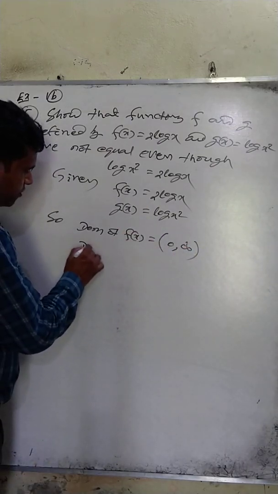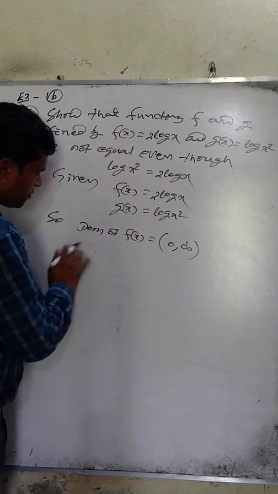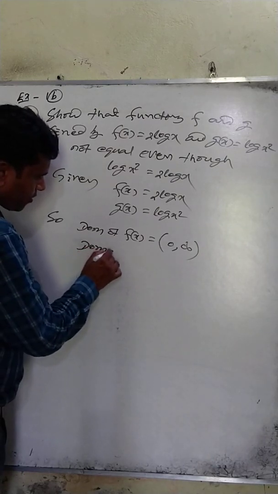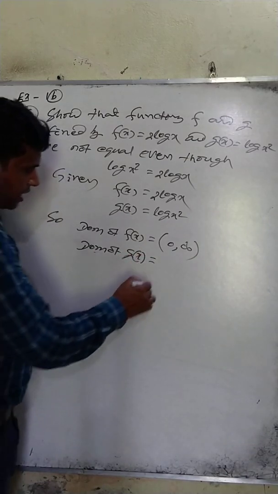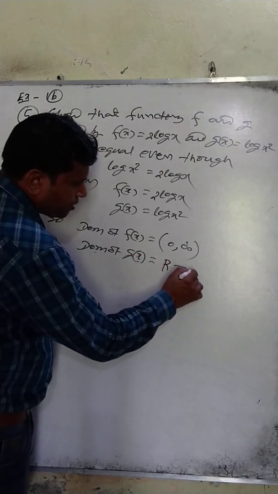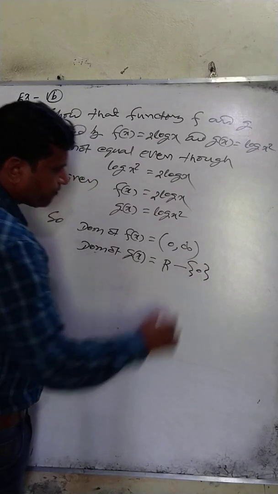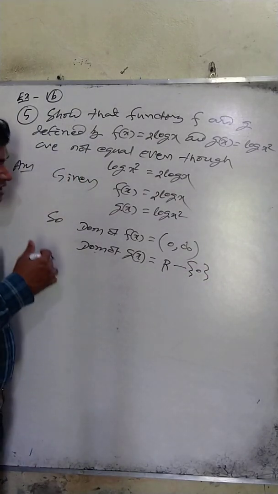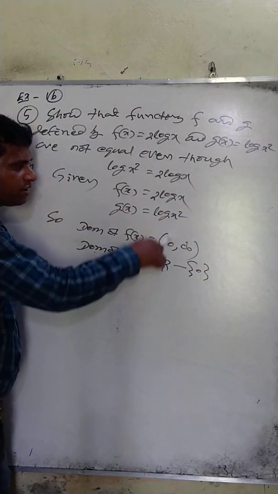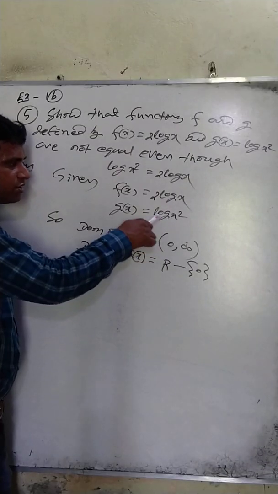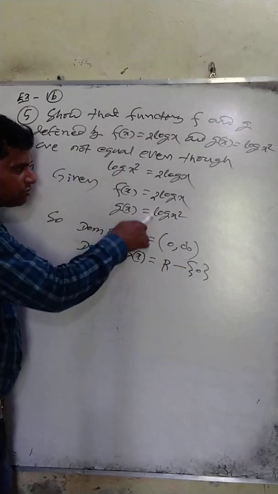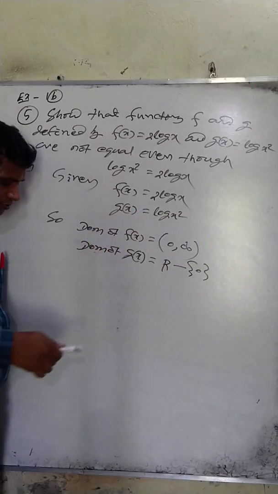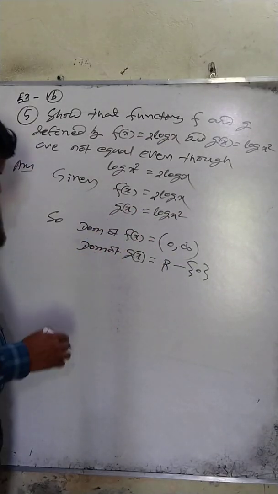The domain of g of x is the set of real numbers except 0, because at the value 0, log x square is not defined.